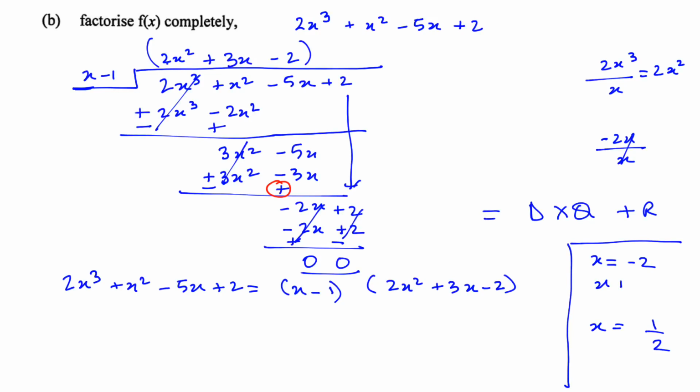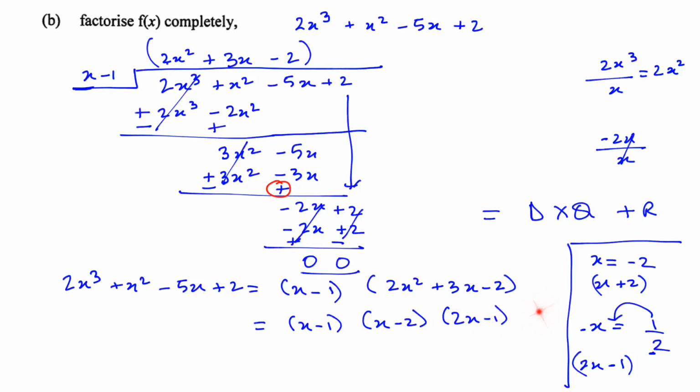The -2, when we bring here, it will become +2, and first multiply this 2 with x, so it will be 2x, and then the 1 you bring to the other side, it will be -1. So 2x minus 1. Therefore, the factors are x minus 1, x minus 2, and 2x minus 1. If you know how to factorize, you can factorize directly. You can also use the quadratic formula to factorize this.